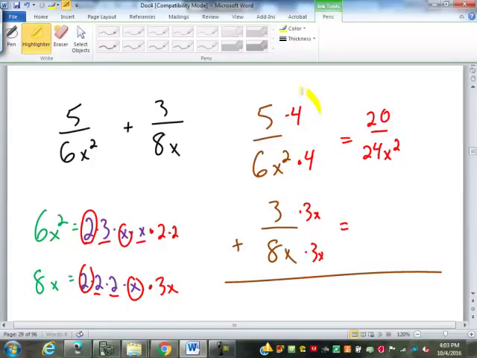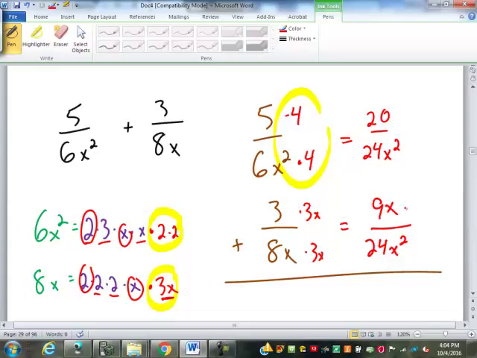Notice what I'm multiplying by over here is the same thing I had to multiply by here to get my common multiple. So I multiplied this by 3x over here. 8x times 3x is 24x squared. I also multiply the top by the same thing. 3 times 3x is 9x.